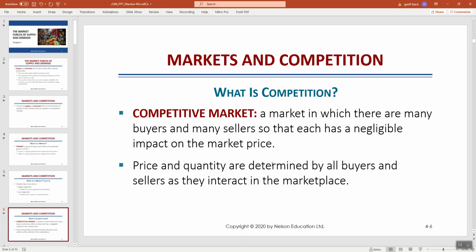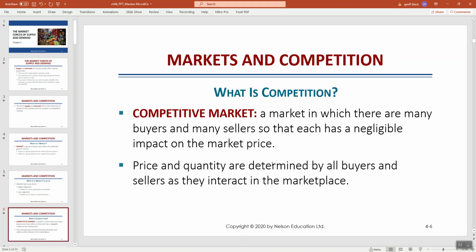Just let that sink in. In order for it to be a competitive market, you need a lot of buyers and sellers. Because there are so many, not one buyer or seller can influence the price independently. That is a condition necessary for a competitive market.